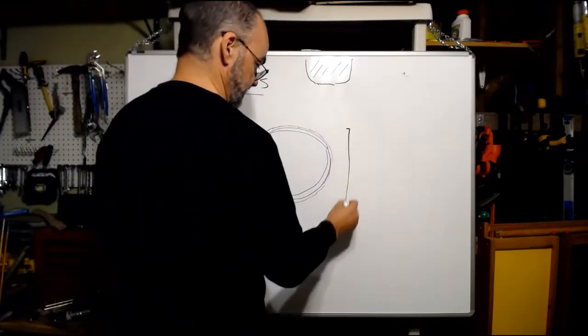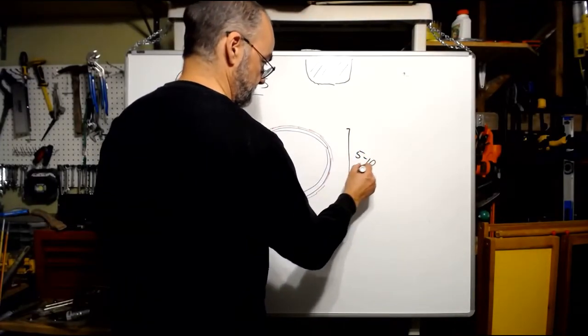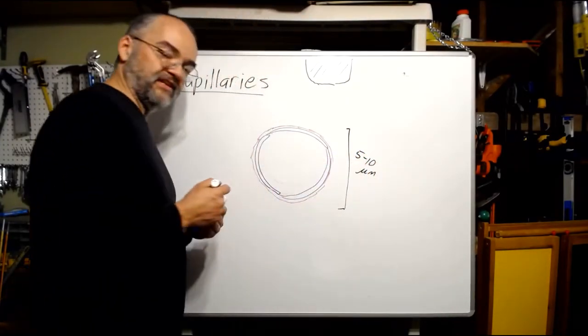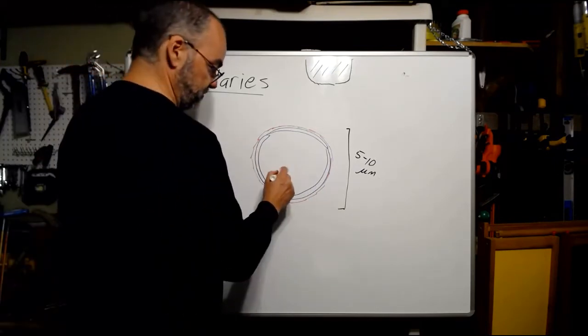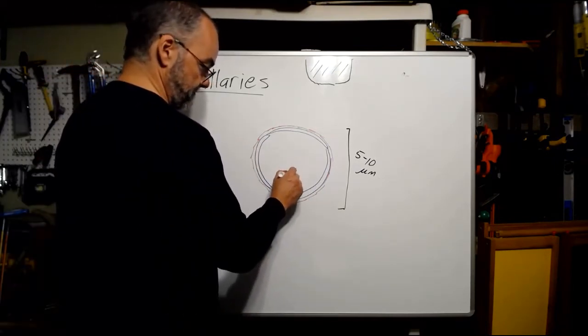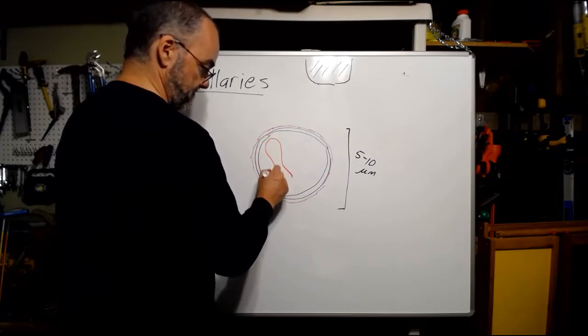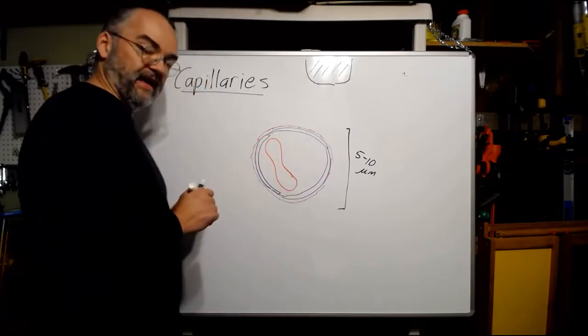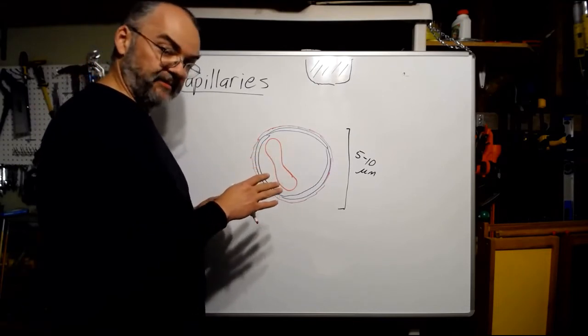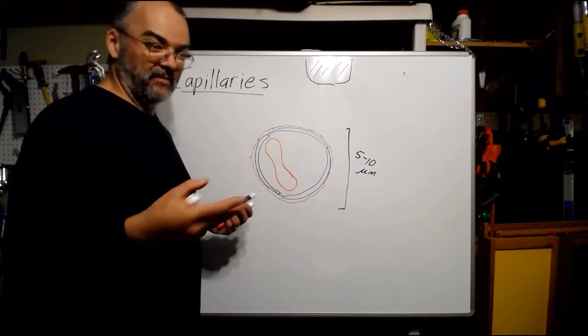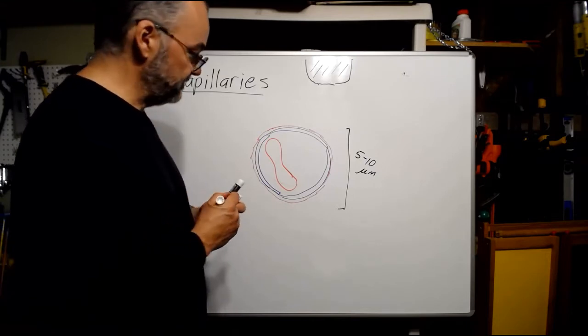So we'll say 5 to 10 micrometers, millionths of a meter. On that scale, a red blood cell would be about that big. So red blood cells pass through these capillaries in effectively single file, maybe two if it's a larger capillary.